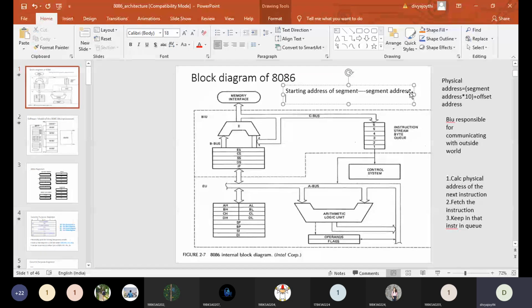Then what about the offset address? Go back to the example. Fourth row, 10th book. Here I am mentioning my segment address, that is the starting address, as 4, and within the fourth row I am asking the student to get the 10th book.